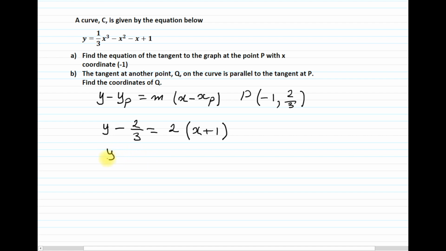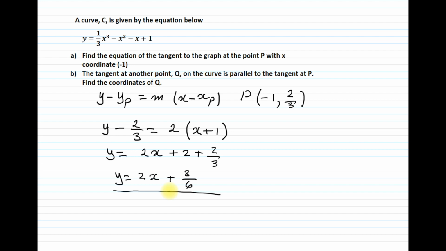So this will be y is equal to 2x plus 2, and then I'll move the minus 2/3 to the right hand side, and it becomes plus 2/3. y is equal to 2x plus, if I add these two fractions, 8/3. So this is the equation of the tangent line to the curve at point P.